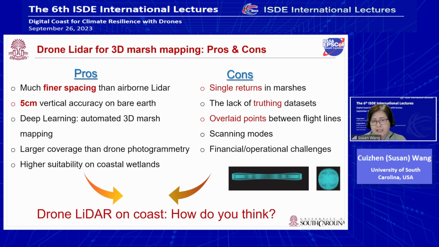And the 5 centimeter vertical positioning accuracy for bare earth topography also sets the foundation for drone LiDAR to be applied for other studies: terrain mapping, marsh mapping, and other projection mapping.